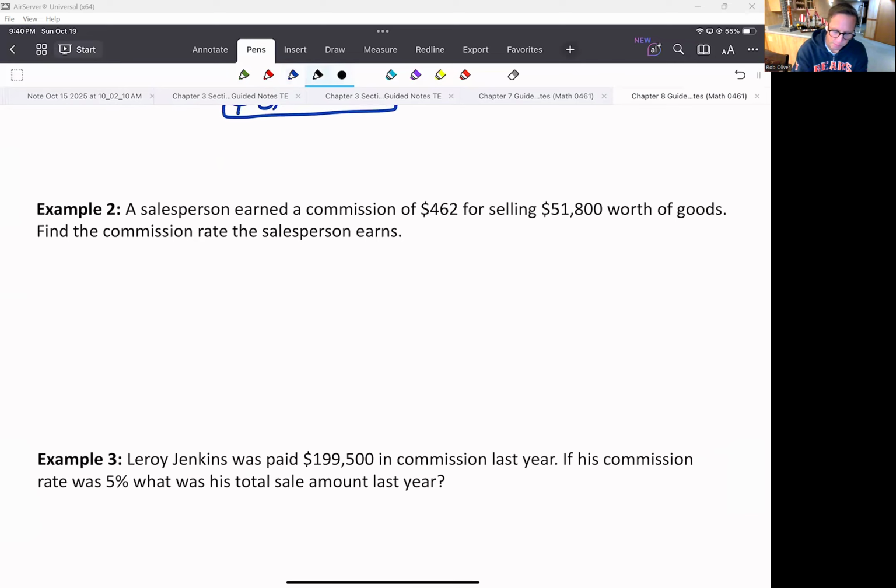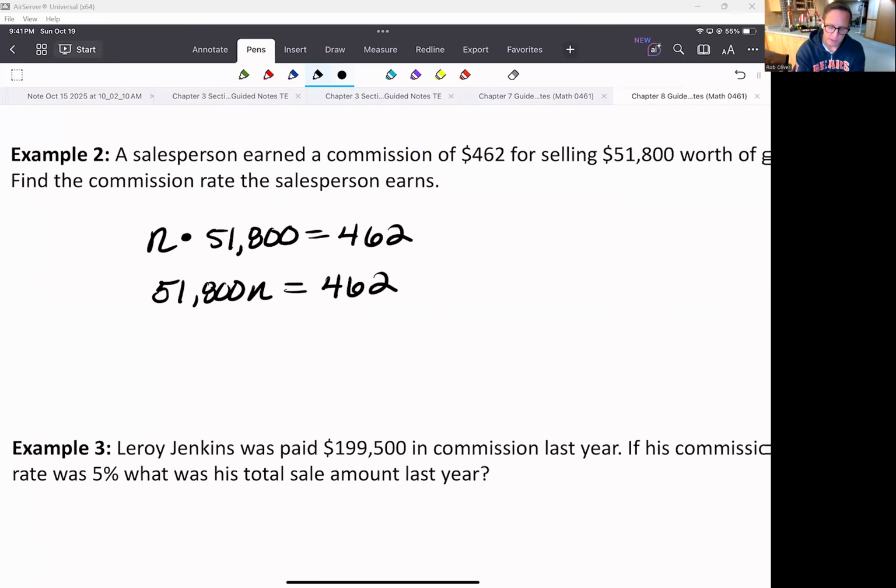So that's the unknown, and we're going to put that as N times the sales, 51,800, and that equals $462. I'm going to write this more algebraically like that. You don't have to, but I'm going to.